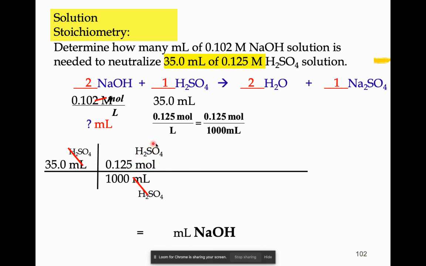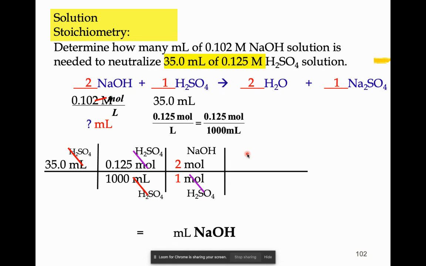Now that we have the number of moles of sulfuric acid, we can use the mole ratio. Again, to convert moles of A into moles of B, we use the mole ratio, which is given in the balanced chemical equation. We know that 2 moles of NaOH react with 1 mole of H2SO4, and then we can cancel moles of H2SO4.